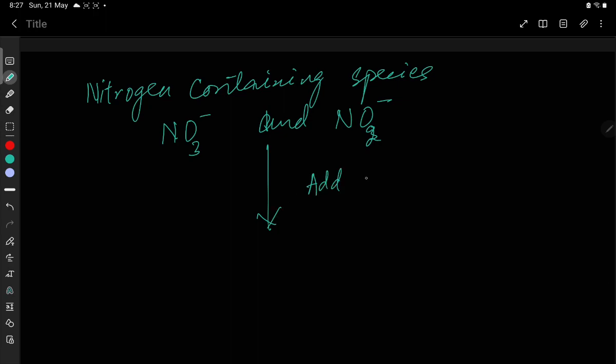Add sodium hydroxide plus aluminium foil.